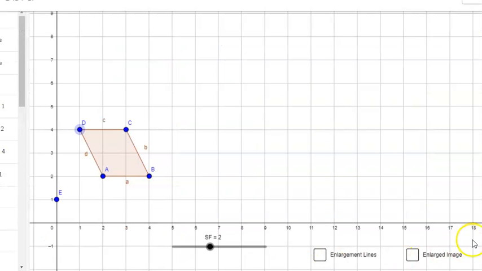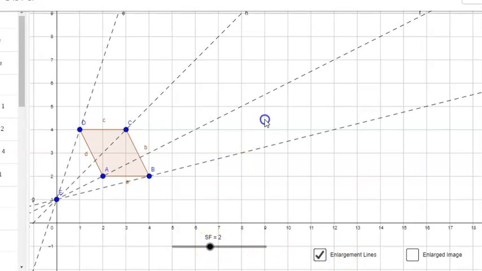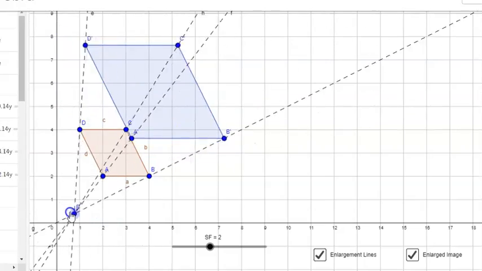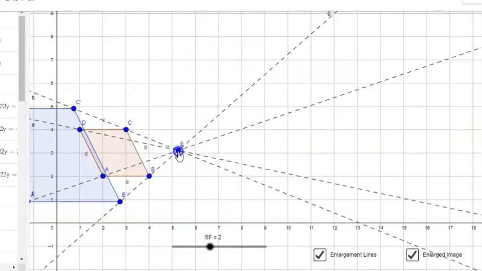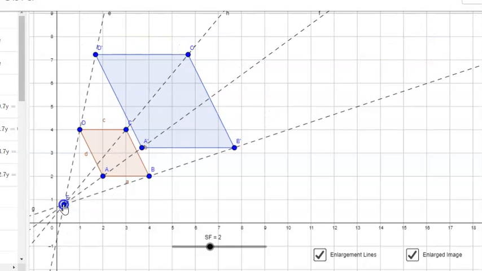Okay. Just want to show you one other thing. If we have a look at this particular site, we can see those enlargement lines. If I enlarge the shape by scale factor of 2, add in the enlargement lines, you can see the enlarged image there. This is proven wherever I move my center of enlargement, the image will move from the original.